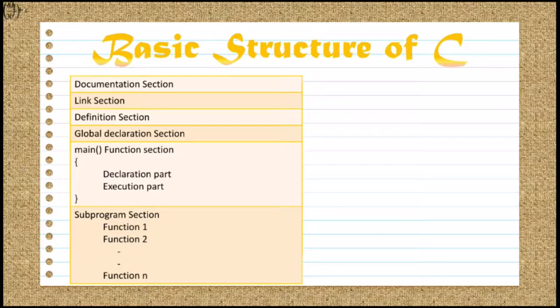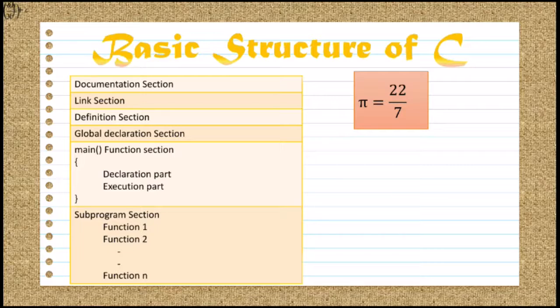So as you know, in mathematics, the value of pi is 22 divided by 7, that is 3.142, and it is constant, and that remains same because it's a constant value. So if you want to declare such type of values as constant, we have to declare that in definition section.